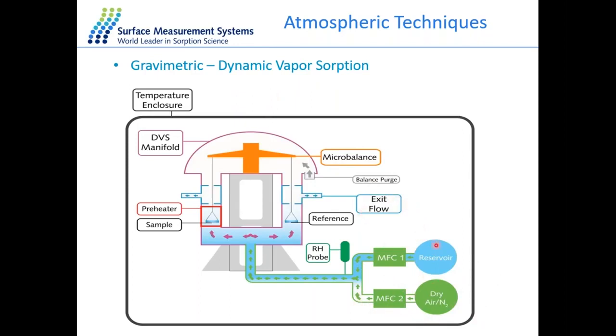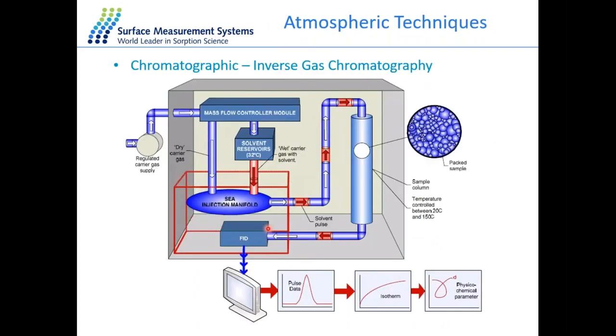But you can again get a fixed background relative humidity of water, and then wait until that sample reaches equilibrium at a certain relative humidity, and then I can introduce a second molecule on top of that. So basically the carrier gas is essentially pre-humidified. And then I measure either gravimetrically or chromatographically the absorption of the organic or secondary species.